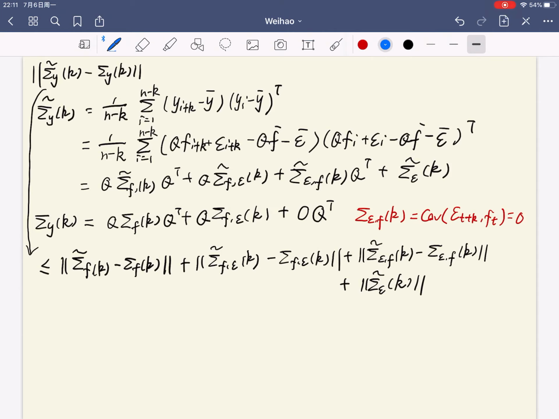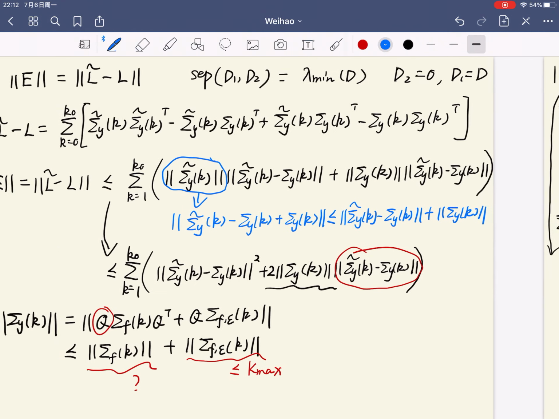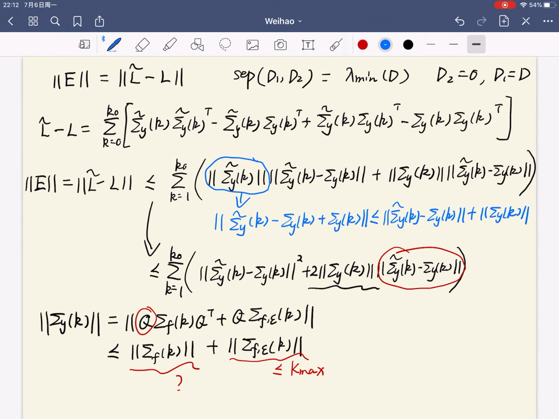Up to now, we know we need to bound the following terms in order to give the bound for the perturbation error.